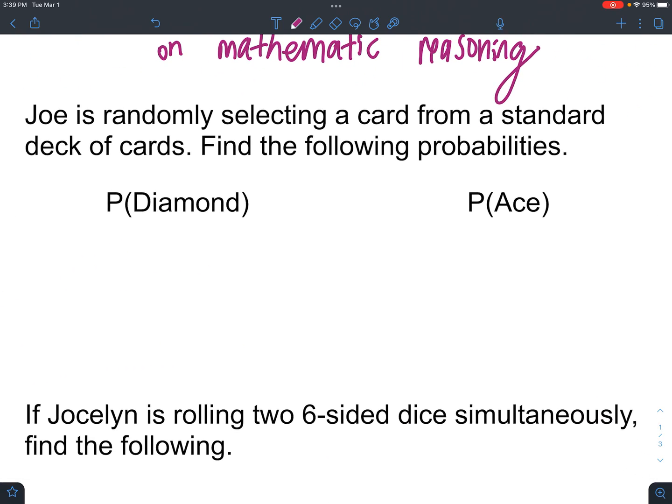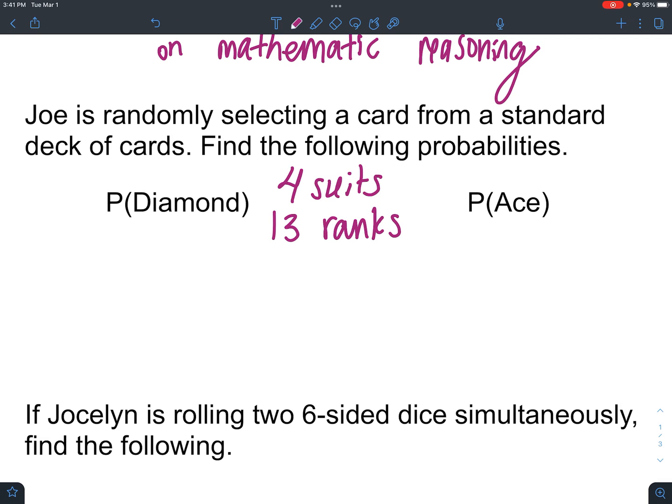Okay. So a deck of cards, if you look on Schoology, I posted a photo of a deck of cards. You can also search on the internet. You might have a deck at home. But basically, there are 4 suits and 13 ranks. So a rank is like a number.